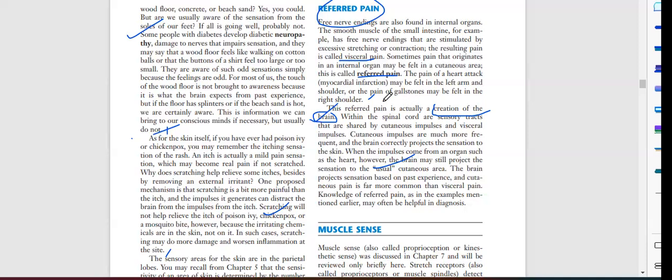Mostly, we have the pain on the cutaneous area or internal area. Internal means visceral area. One example is given here: in our small intestine and large intestine, there are millions of nerve endings.